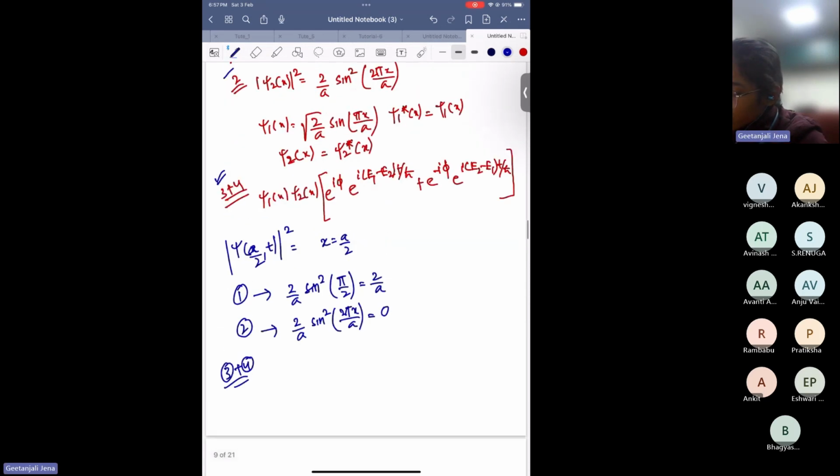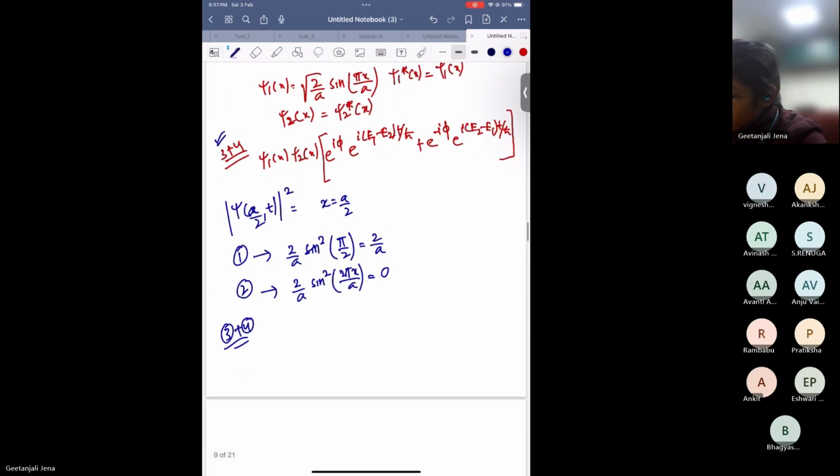Now the third and fourth term. This is nothing but psi 1 x, psi 2 x, times the exponential term. First calculate the values you get for psi 1 and psi 2, then you can multiply with the exponential term. So psi 1 is root 2 by a sine pi x by a, and psi 2 is root 2 by a sine 2 pi x by a.